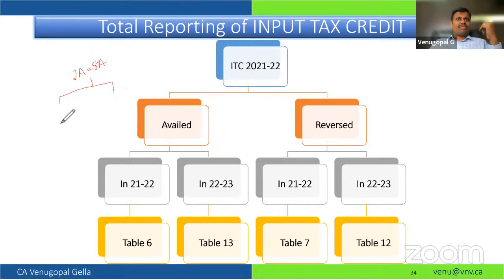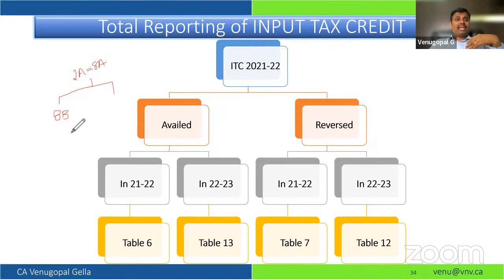If the supplier has filed in time, I would have availed the credit in my GSTR-3B in the same year. So I will be reporting in 8B.